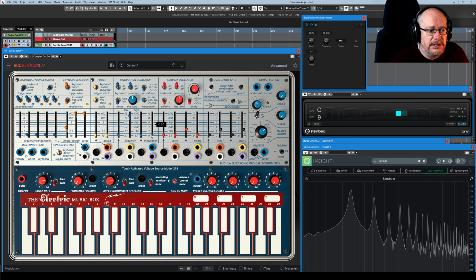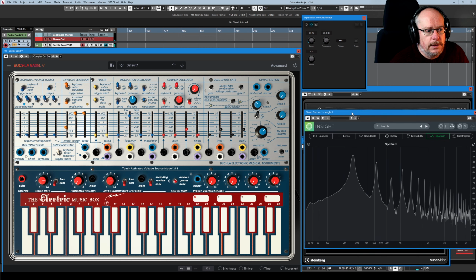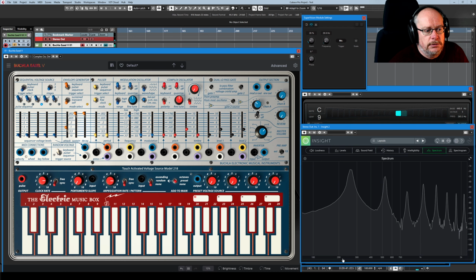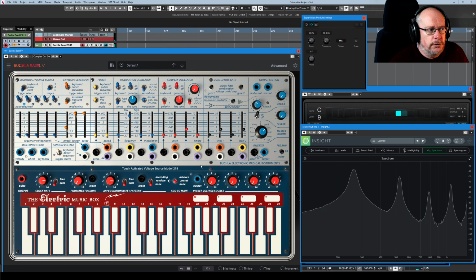Now I'm going to increase the modulation and have a look what happens around the 200 to 400 Hertz range. These two side towers are called sidebands. They're the sum and difference of those two combined waves.